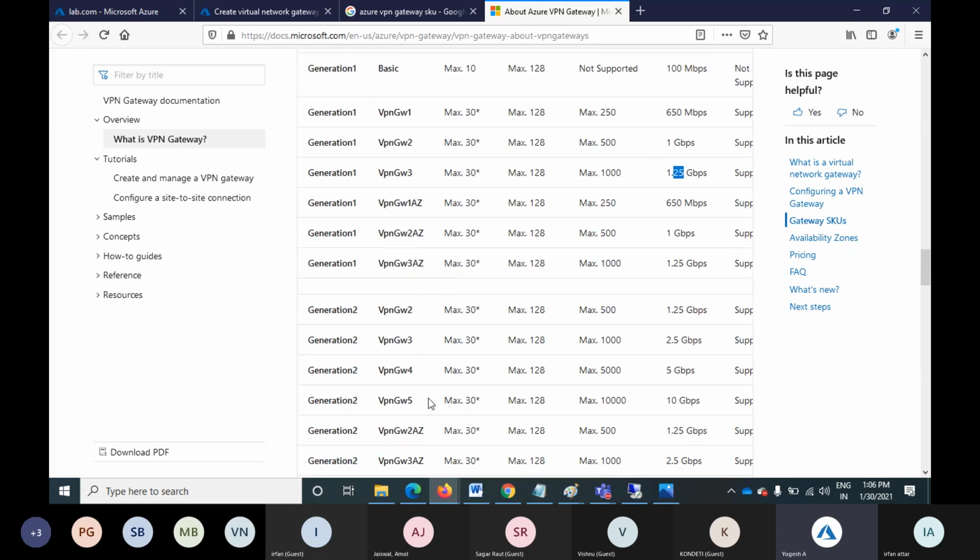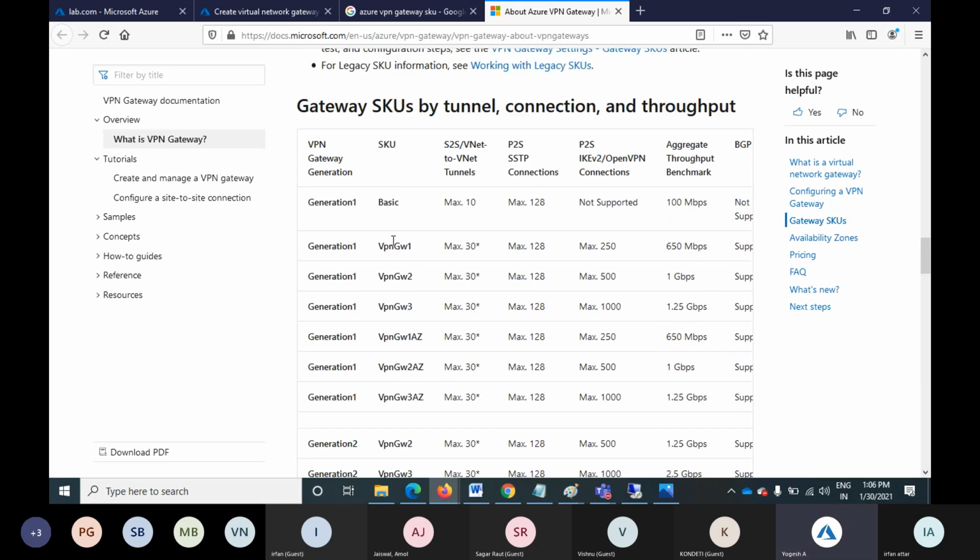As per your model, you will get the corresponding throughput. With VPN gateway 5 you will get 10 Gbps. It completely depends on your requirements and your applications. For our lab, we are going to deploy VPN gateway version 1, where I will get 650 Mbps throughput.